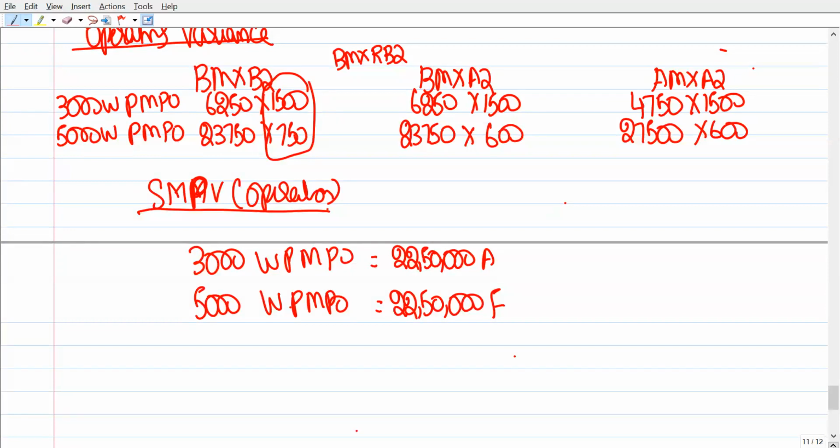So for 3000 WPMPO it is 6250 into 1400, and for 5000 WPMPO it is 23,750 into 700.